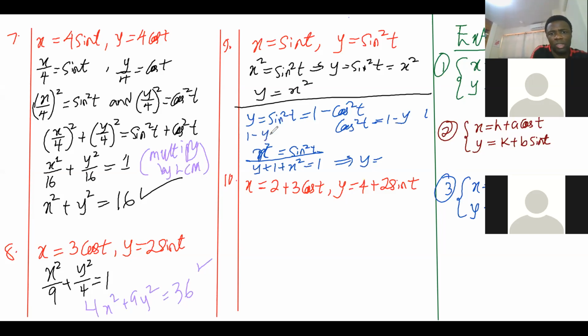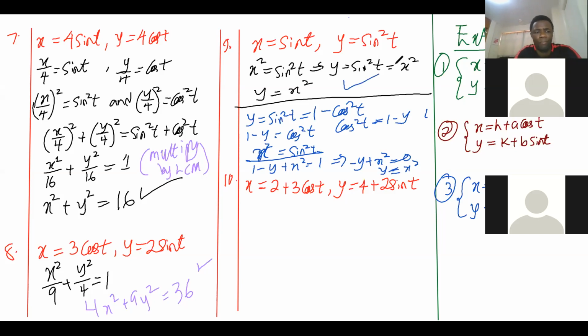So 1 minus y is cos squared. So we had 1 minus y plus x squared equals 1. So clearly, negative y plus x squared equals 0. So y equals x squared again. So what's the point of all this when you could just quickly do this? Okay. So that's all about that.